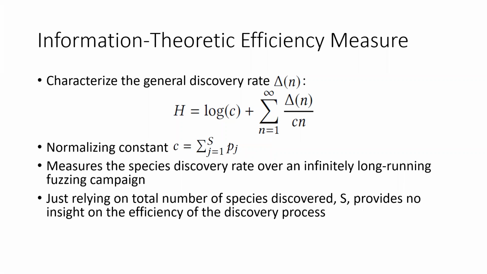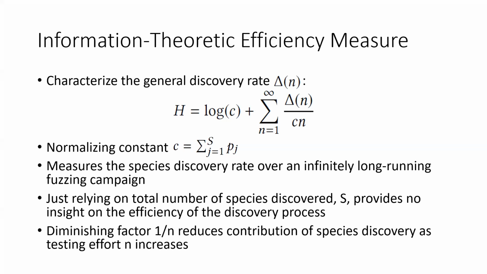They use this formula because if they just relied on the total number of species discovered, which is S, it provides no insight on the efficiency of the discovery process. The diminishing factor of dividing by n reduces the contribution of species discovery as the testing effort n increases.